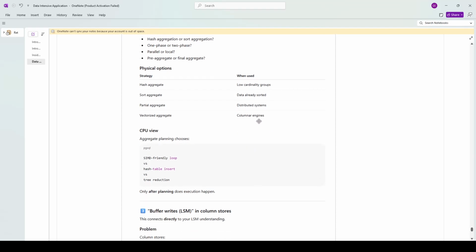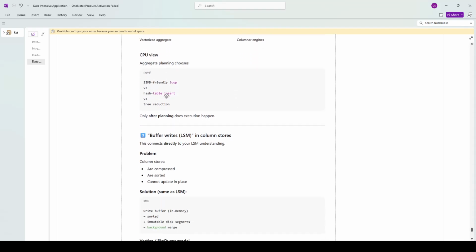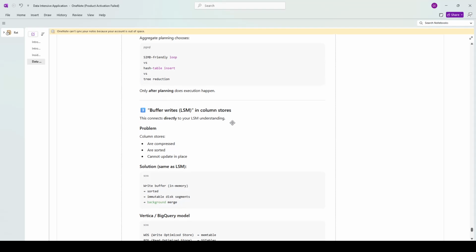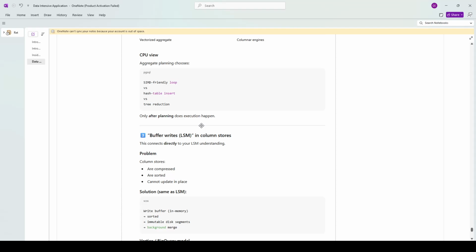That's why columnar storage is able to scan huge numbers of columns and rows in a short period of time. From the CPU view, aggregate planning chooses a SIMD-friendly loop versus hash table insert versus tree reduction. Only after planning does execution happen.